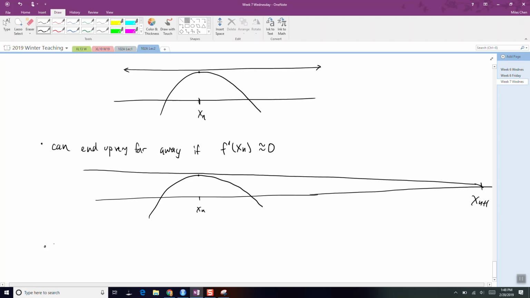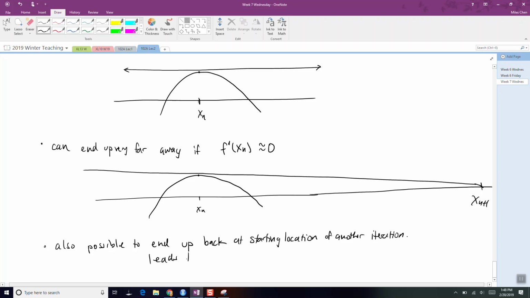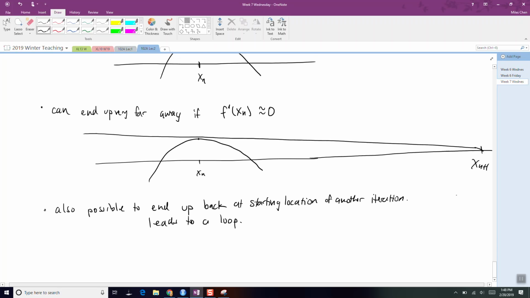And then it's also possible to end up back at your starting location of another iteration, which leads to a loop. Okay, so let's say you happened to start here, okay?